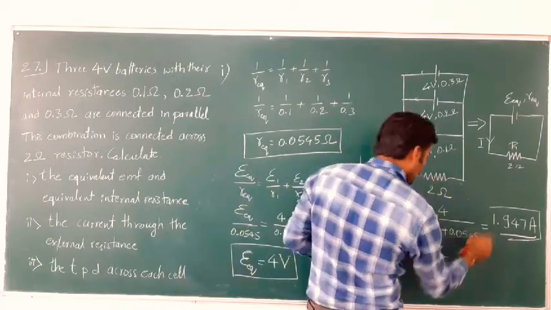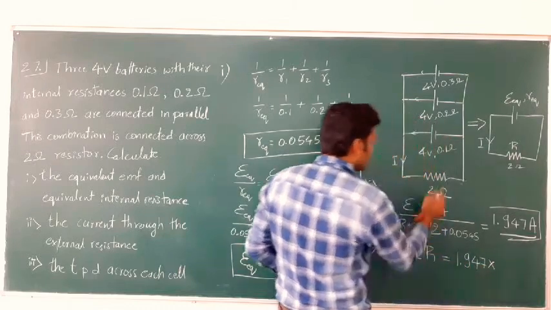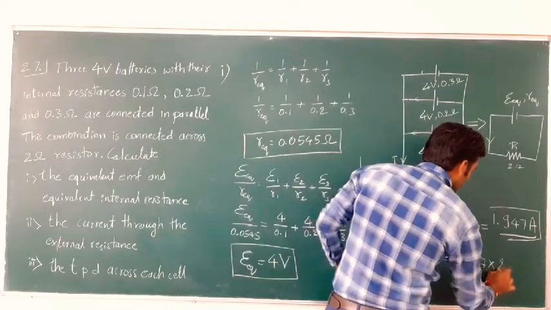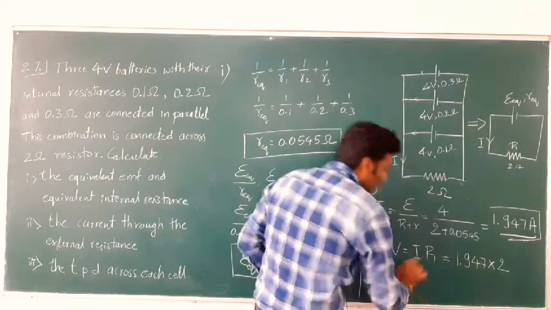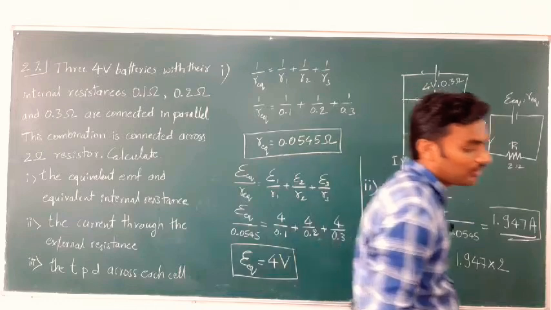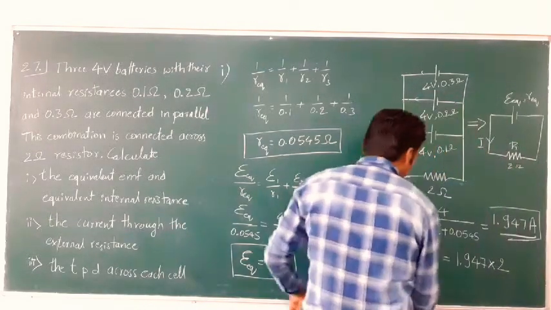Current through this resistor is 1.947 into, what is the resistance of the resistor? It is 2 ohm. So the voltage across that is the product of these two, which is 3.894 volt.